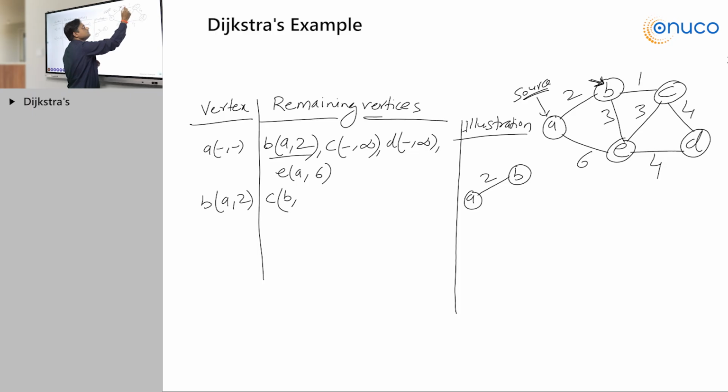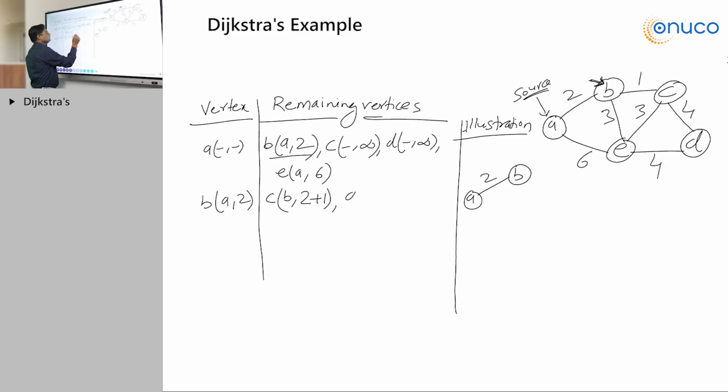A to C via B: A to B is already traveled and B to C is 1, so it is 2 plus 1 is 3. We are not going to write 1; we are going to write 2 plus 1, because we are computing the distance from the source. So here we write 2, already computed, plus 1. All of you please concentrate on this point. The B to C distance is not 1. We are writing 2 plus 1 because it is computed from the source.